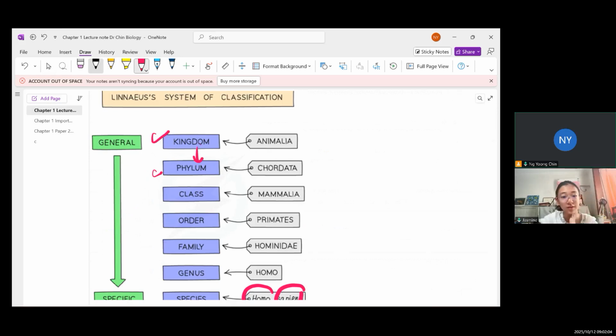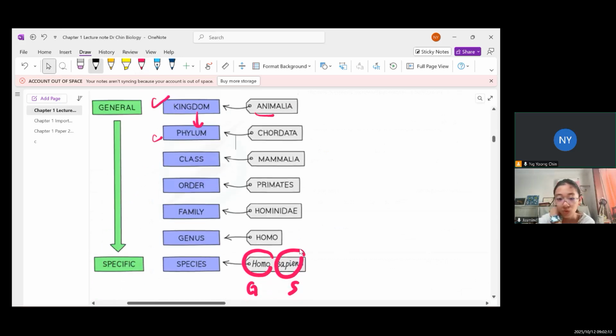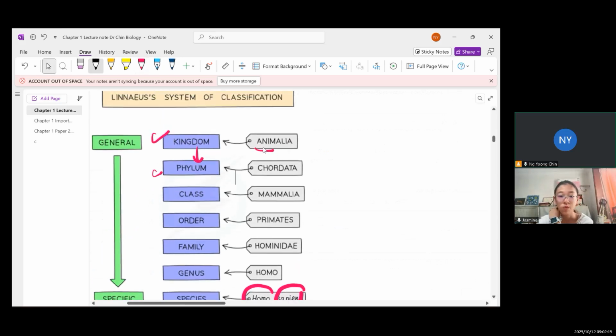For example, when we talk about Homo sapiens, which is humans, we are classified under the Animalia kingdom, and now we further narrow down into phylum. This phylum is called Chordata. Chordata refers to the group of organisms which have a backbone.